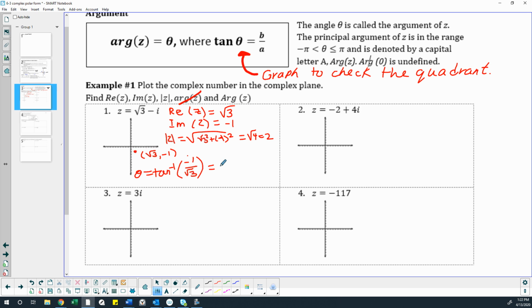So that would be -π/6. Now that's the answer, -π/6, because the inverse tangent of negative square root of 3 over 3 is -π/6. But that is also the correct answer because we want a quadrant 4 angle that is between -π and +π, and that works.